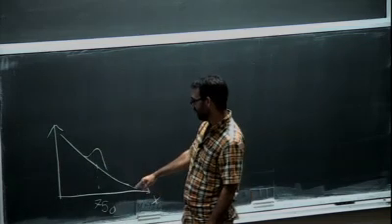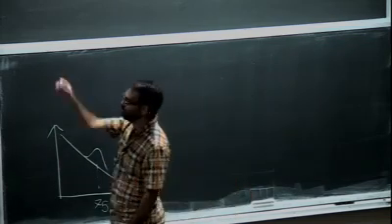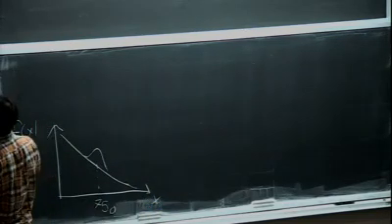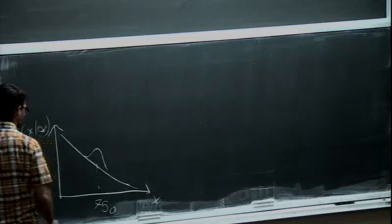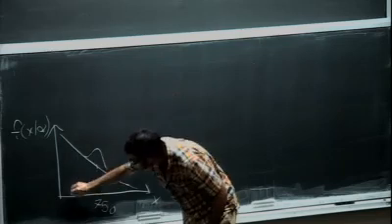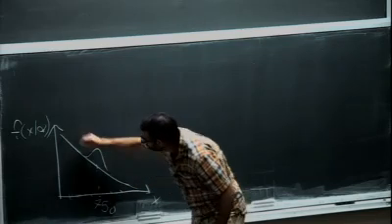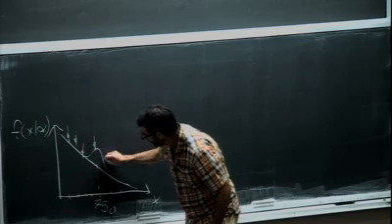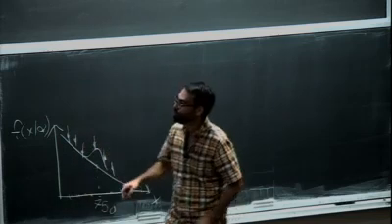This curve is f of x given alpha. You have n observations, n data points at different points along here. Usually you display it like this.